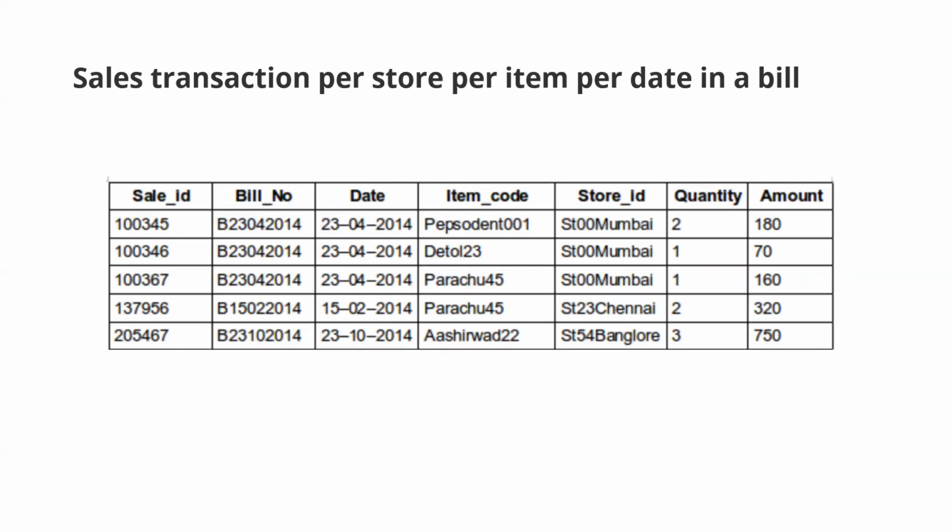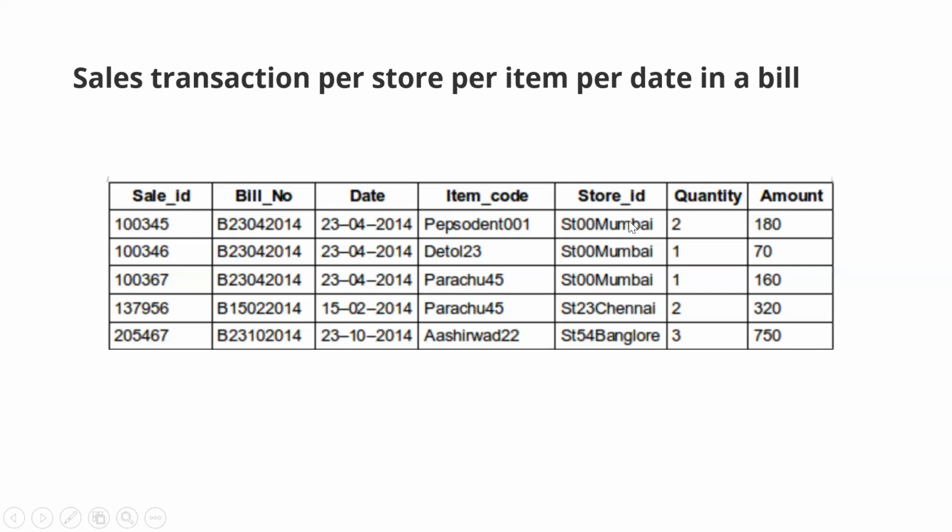In the fact table, we can define each row by this line: sales transaction per store, per item, per date in a bill. You can see a particular row can be represented in a single line. There are lots of stores available; a particular brand has lots of stores in Mumbai, Chennai, Bangalore.